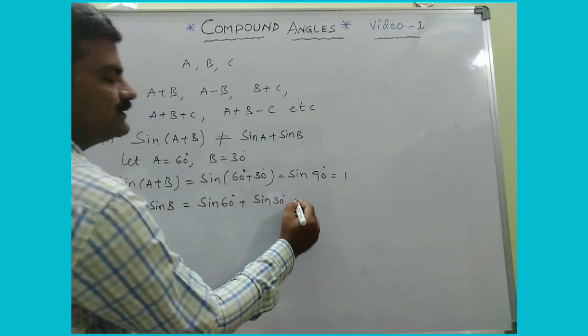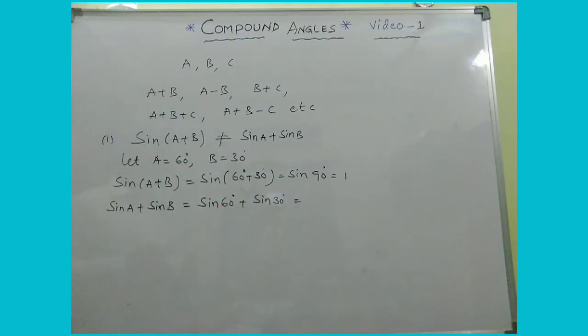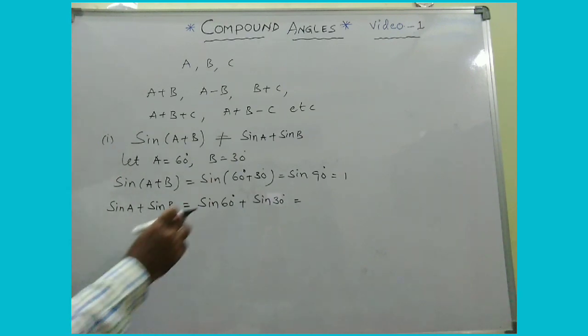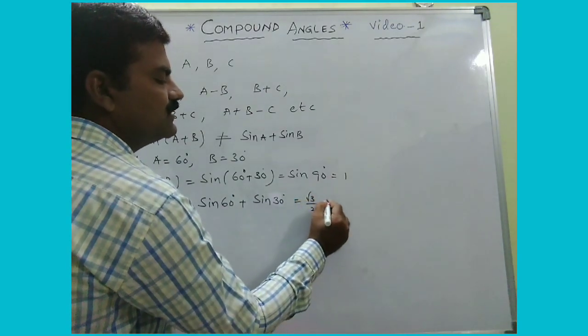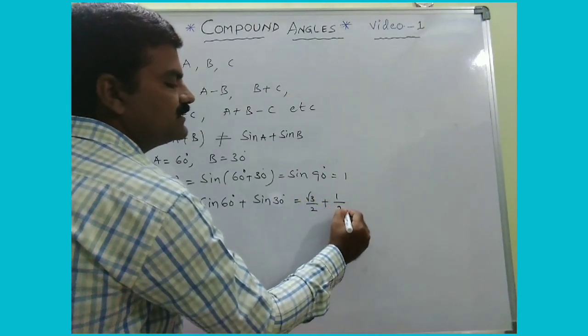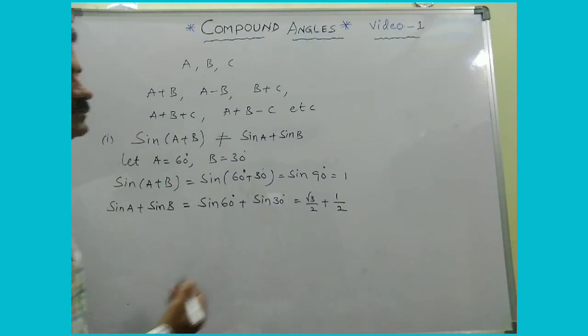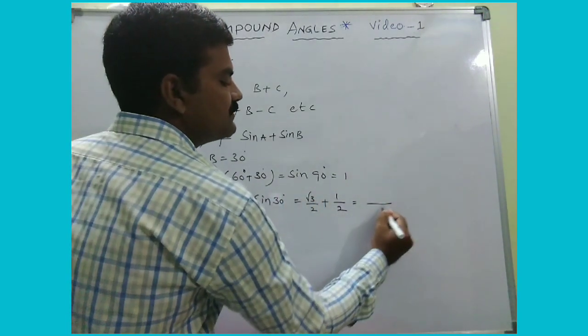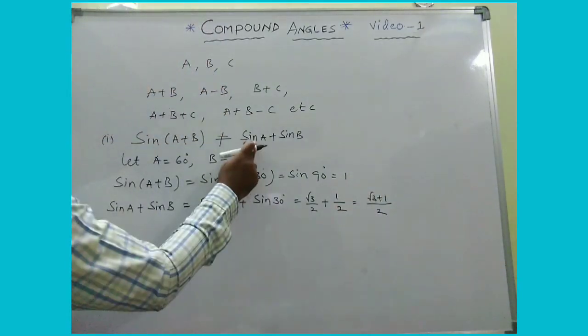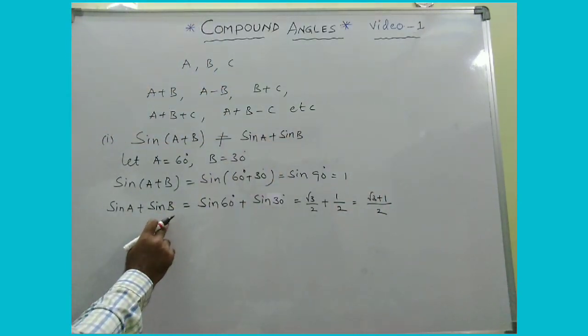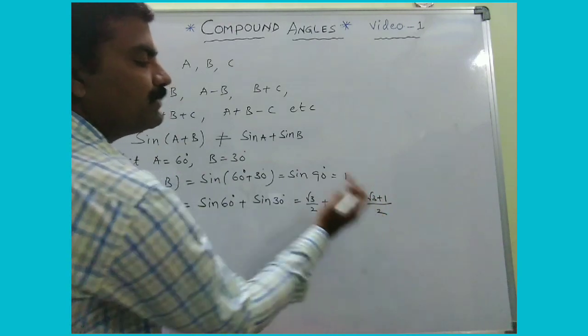Now let us see the values of sine 60 degrees and sine 30 degrees. Sine 60 equals root 3 by 2, whereas sine 30 equals 1 by 2. The LCM is 2, hence the value of sine A plus sine B is root 3 plus 1 by 2.